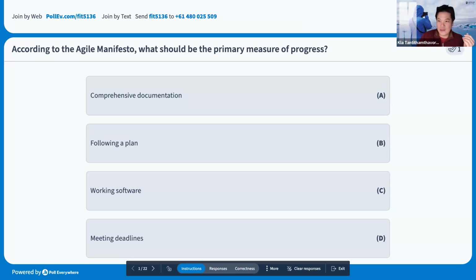Okay, we see some responses. This is Poll Everywhere. I encourage everyone to participate just to check whether you understand the concept correctly or not. The question here is: according to the Agile Manifesto, what should be the primary measure of progress?